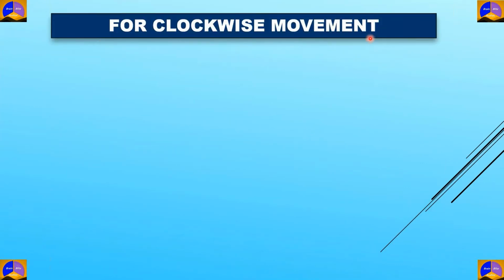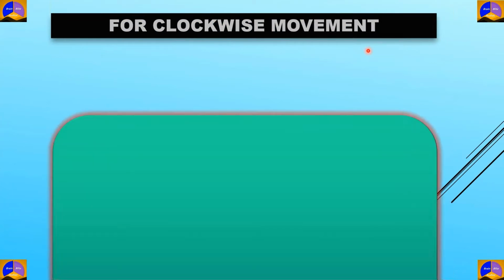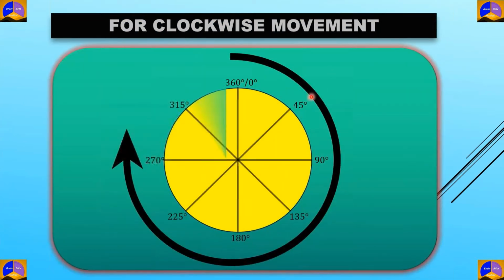For clockwise movement, the diagram will be like this. This is the starting point, which is 0 degrees. As we move to the cardinal direction, we get 45 degrees. Then to the next main direction, we get 90 degrees.